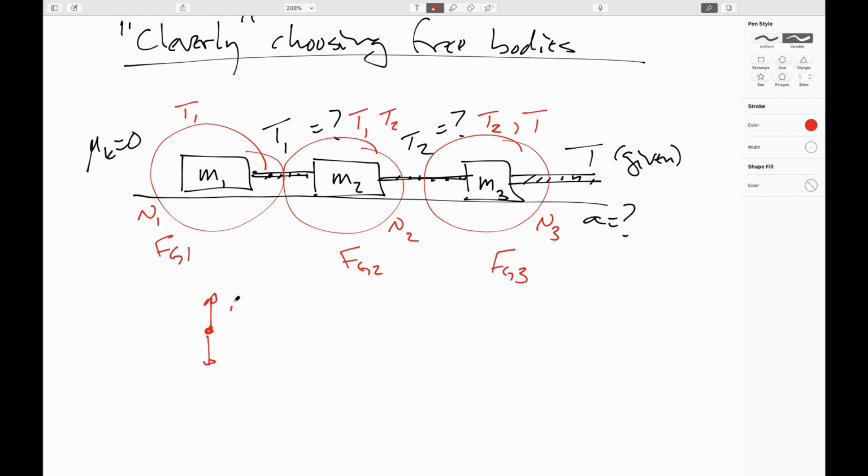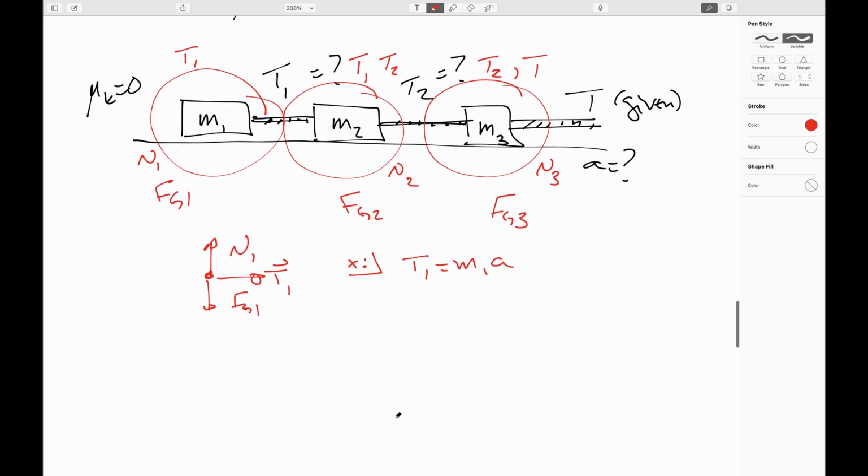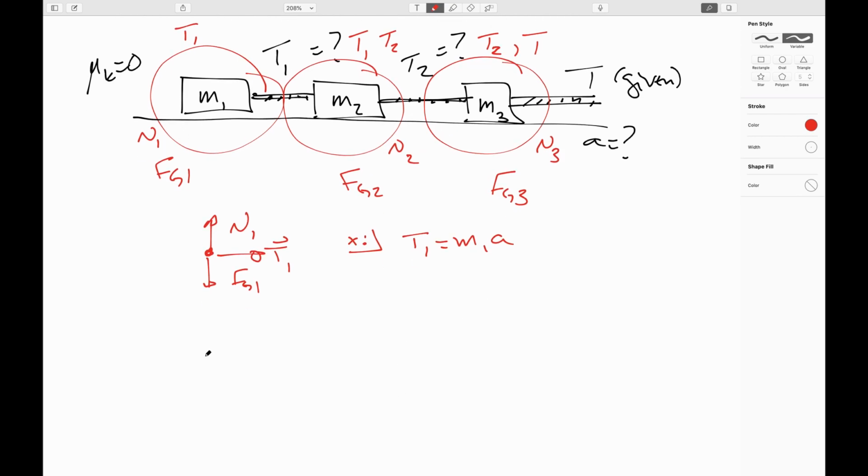So we'll have normal 1, Fg1, they're going to cancel by the second law, it'll turn out, and just T1 to the right. So in the land of X, when we do our Newton's second law stuff, this one will just be T1 equals M1A. All right, that's not too bad. Let's do our second free body.